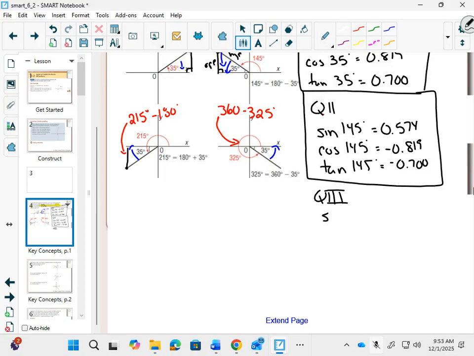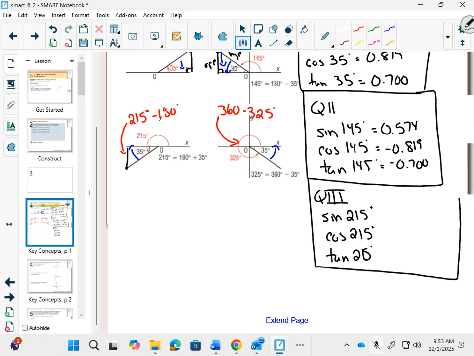Well, if it's the exact same triangle, I'm going to guess that sine of 215, cos of 215, and tan of 215 are going to be exactly the same, but I'm a little bit curious about the negatives and the positives.